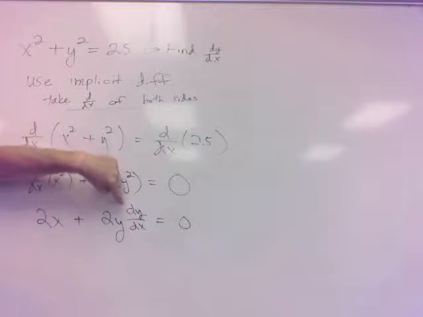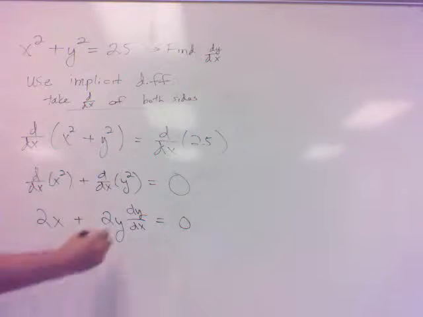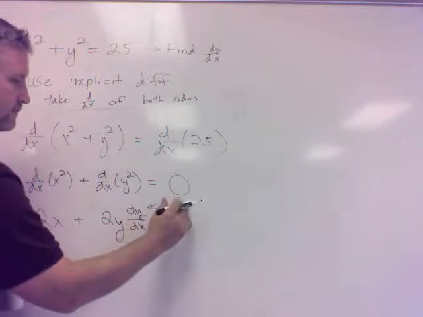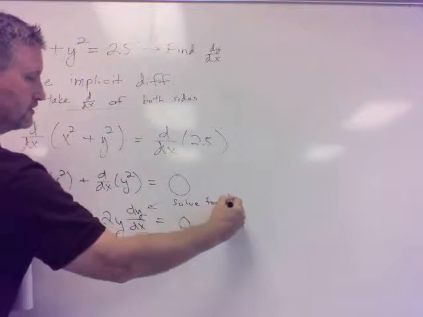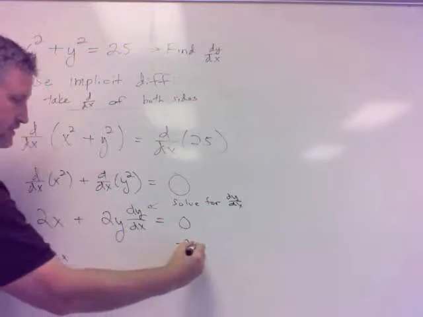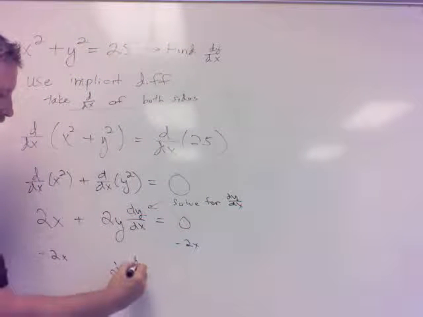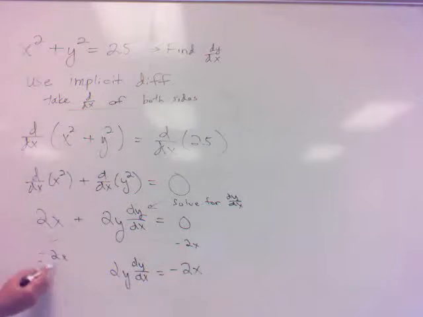I'm going to solve for dy/dx, get it on a side by itself. How would I do that? Wouldn't I need to subtract the 2x? So now let's solve for dy/dx. So wouldn't I subtract the 2x from both sides, so I get 2y dy/dx equals negative 2x, right? Because that'll go away now.